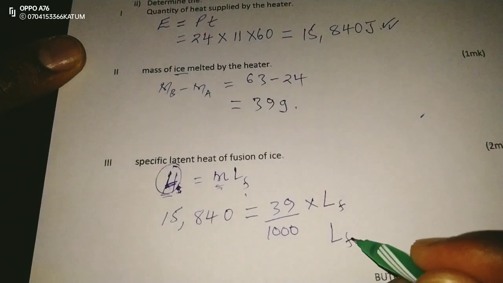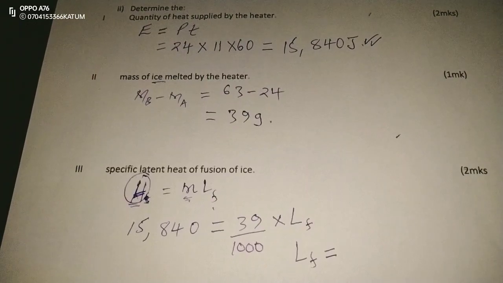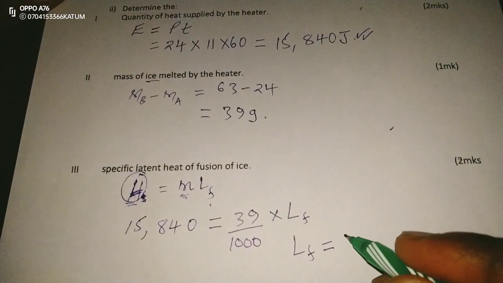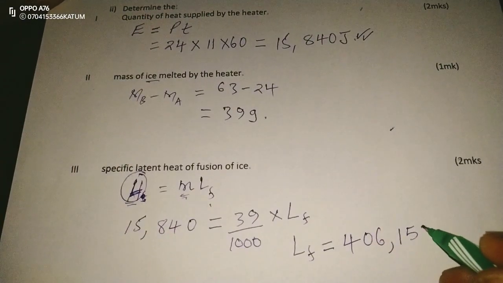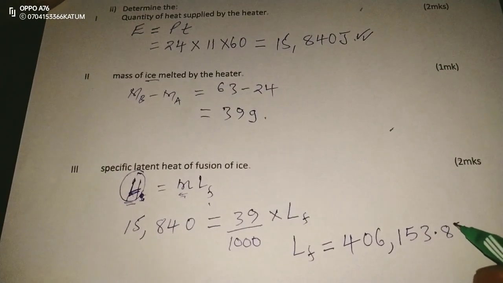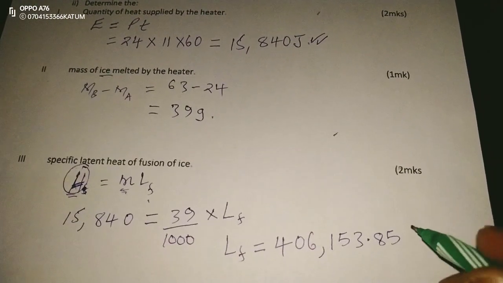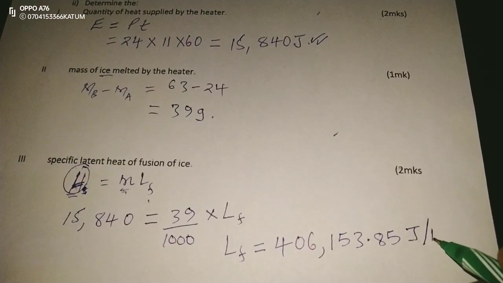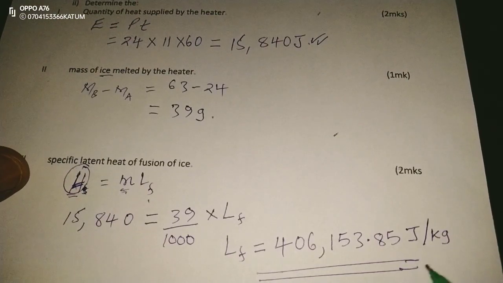Therefore, latent heat of fusion equals, when we take 15,840, we first multiply by 1,000, then we divide by 39, and this is going to give us 406,153.85. And because it is at a constant temperature, it's joules per kilogram, and not per Kelvin, joules per kilogram.